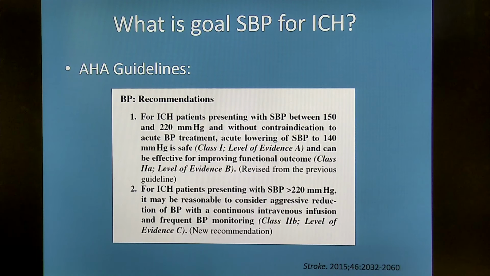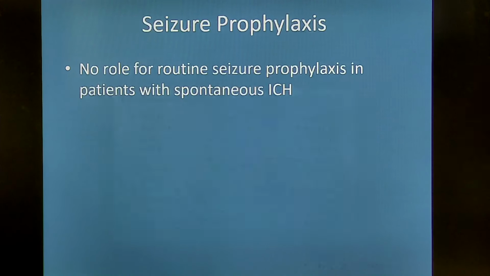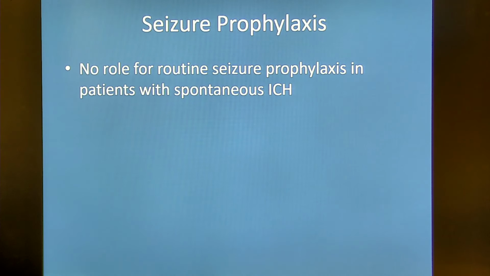The practice here at Maine Medical Center is to target a systolic blood pressure of 140 to 160 when there's an intracerebral hemorrhage from a hypertensive cause. There is no role for routine seizure prophylaxis in patients with spontaneous intracerebral hemorrhage. And there is concern about untoward side effects of using anti-epileptic drugs in these patients.